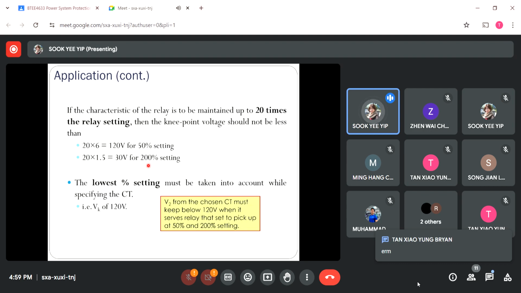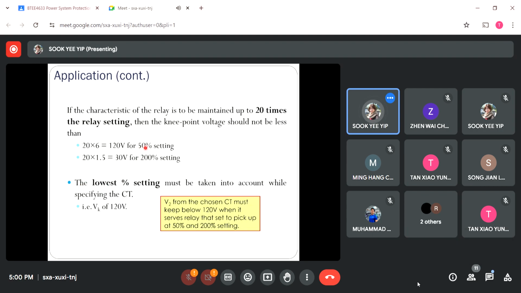So the knee point voltage value is the maximum voltage that can be induced at the secondary side. In such a case, if you want the relay to work from 50% up to 200% setting, the answer you can find here. It says that I should select based on the lowest percentage setting. Why?